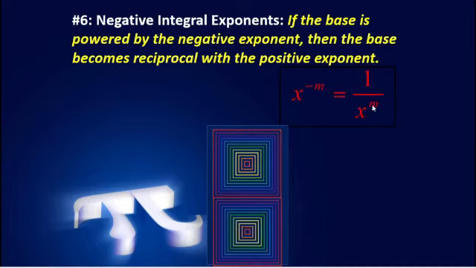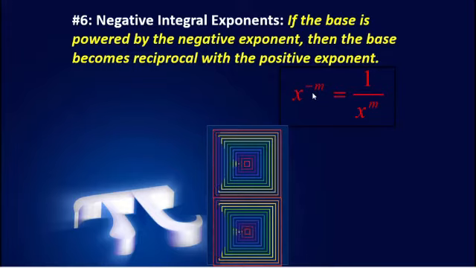Kabaliktaran naman, kung nandito naman yung negative sa baba, magiging ganito naman siya, pero positive na exponent. So, ginagawa yan para matanggal yung negative exponent. So, kinukuha lang natin yung kanyang reciprocal. So, kapag na-reciprocal na natin, dapat mawawala na yung exponent.